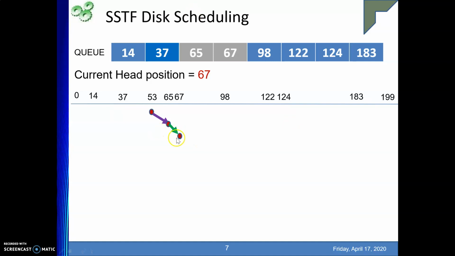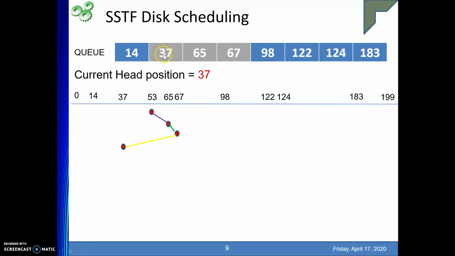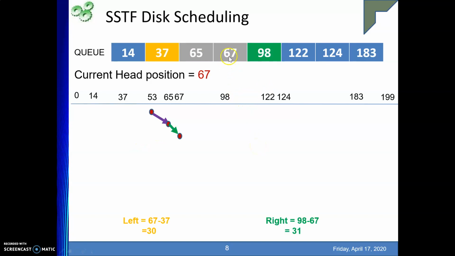Now your head position has become 67, and these two are already serviced. From 67, you see who is at left unserviced and who is at right unserviced. Left neighbor is 37, right neighbor is 98. From 67, the left neighbor is at displacement 30, the right neighbor is at displacement 31.